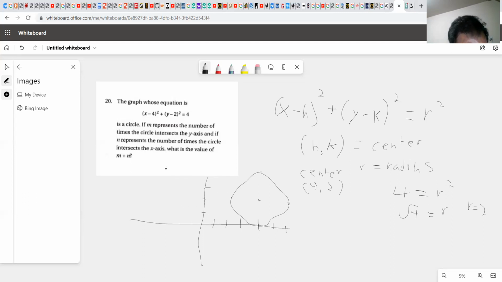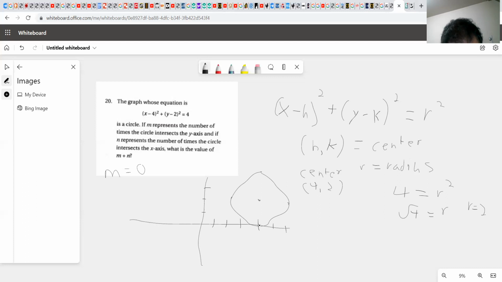So m represents the number of times the circle intersects the y-axis, and m we can see is 0. It's not touching the y-axis at all. But how about the x-axis? It's touching right here in this one place, when it goes down.